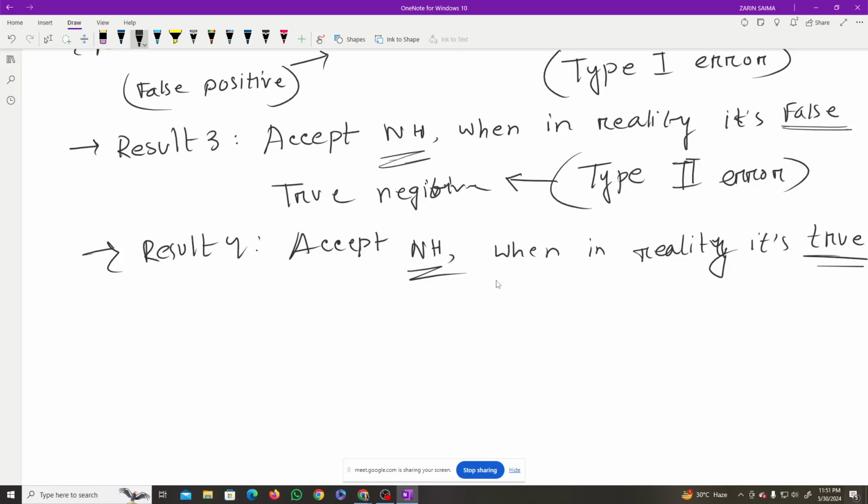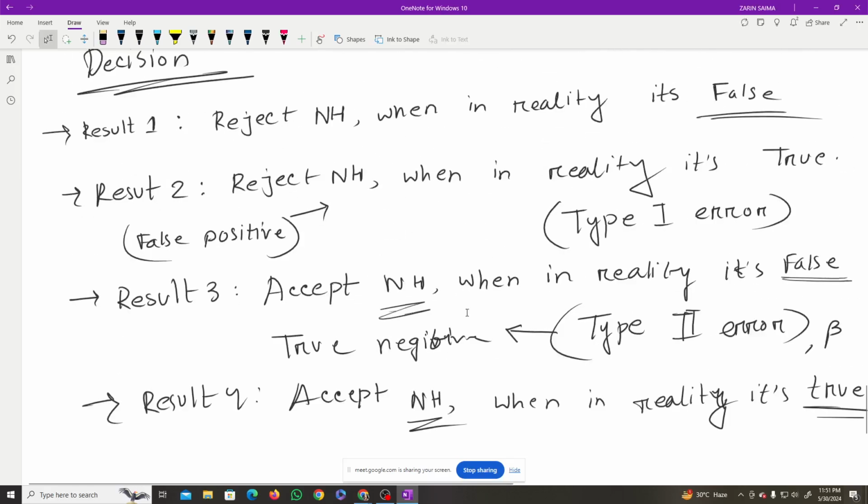Mostly this type 2 error, the probability of type 2 error is known as beta, and normally this type of error occurs when you have a problem with the sample size or variance.